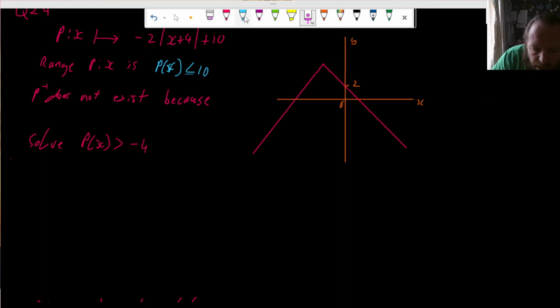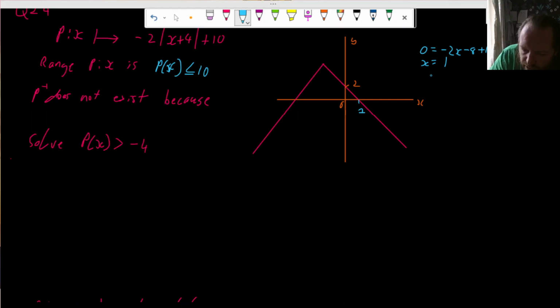So if we take both equations, setting it equal to 0, 0 equals minus 2x minus 8 plus 10, then bring that across: 2 equals 2x, x equals 1. So that point is 1.